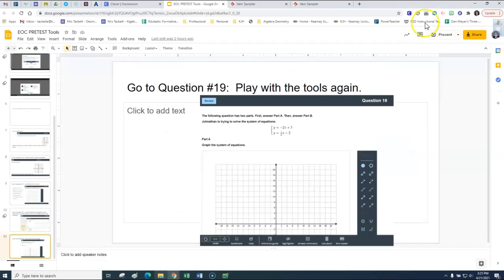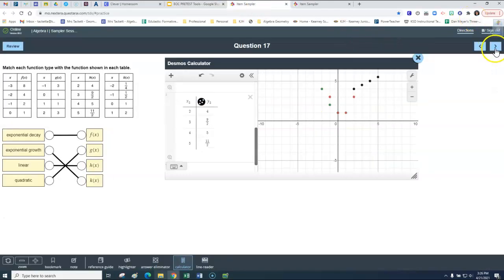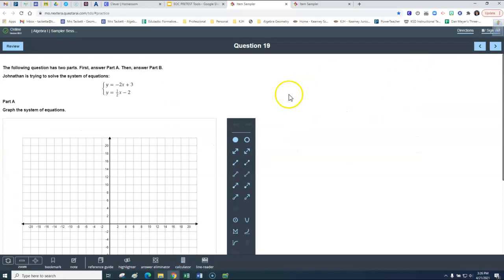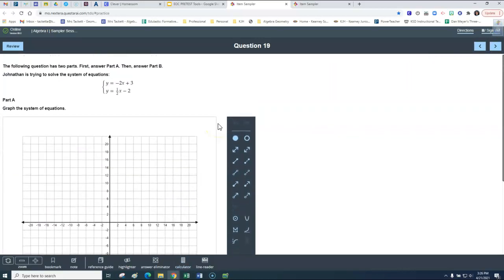So on number 19, I'm going to go to number 19, and here it is. So part A is graph the system of equations. So I'm going to use y equals mx plus b, so slope-intercept form.